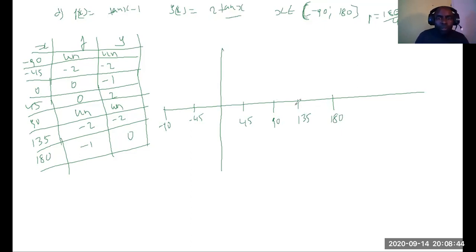So let me start with the first one. I will start with the asymptotes. This is our asymptote, and also I've got asymptote 90. Asymptote.